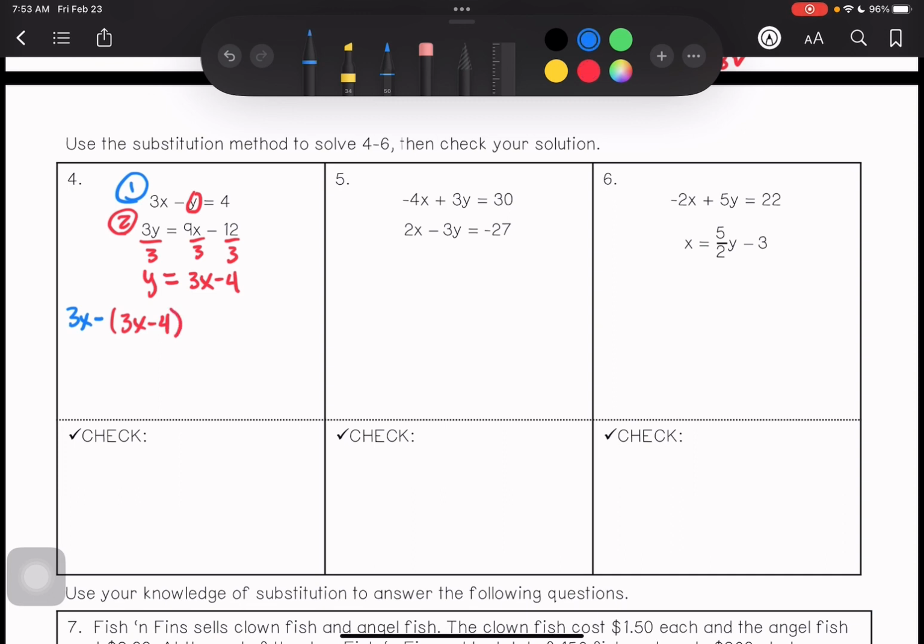y. That equals 4. So we have to distribute this negative to both of them, because it's like a negative 1 in front. Even though you can't see it, it's like a negative 1.